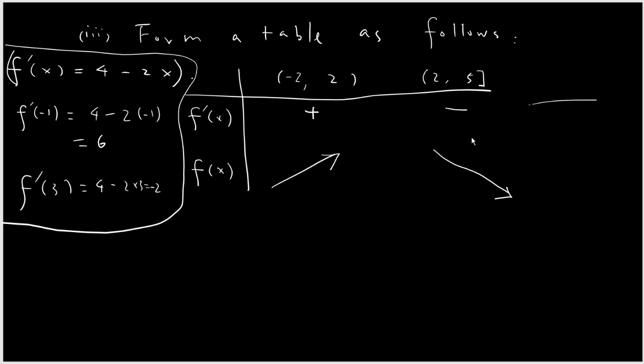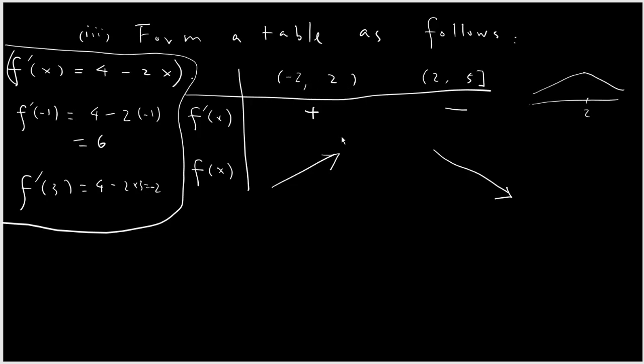So now let's say 2 is here. To the left of 2, from negative 2 to 2, the function is going up. It's increasing, right? And to the right of 2, the function is decreasing. So do you see 2 has to be the location of the absolute maximum? So that makes sense? I want to repeat. It's because to the left of 2, you look at the table.